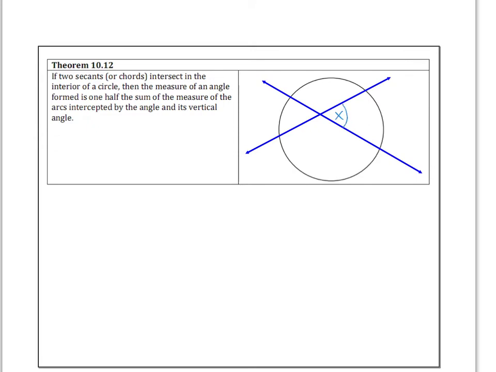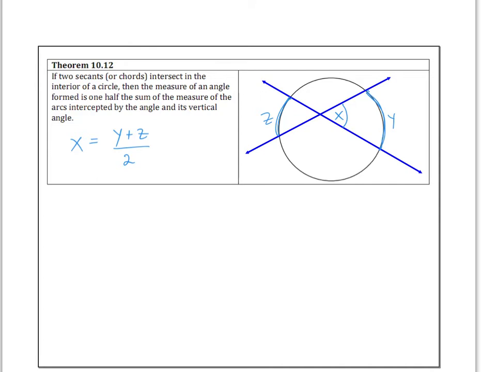To find that, we need to know, I'll call this y for the length of this arc, and I'll call this z for the length of that arc. So x is going to equal y plus z divided by 2. You add the arc measures and divide by 2.